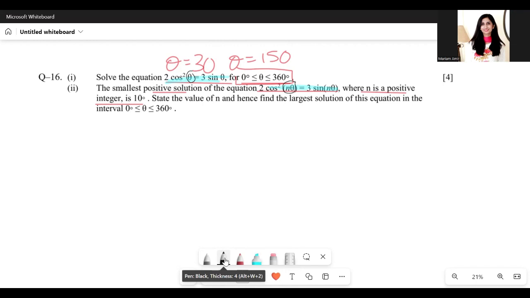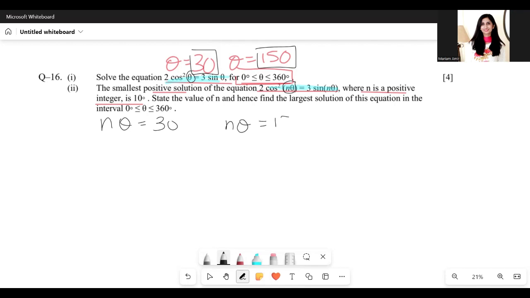That means we will still get the same solutions 30 and 150 by solving the second equation, but we'll write n theta equals 30 or n theta equals 150. They're talking about the smallest possible solution that we'll get from here, the smaller value, 30. And the solution is given, which is 10 degrees.